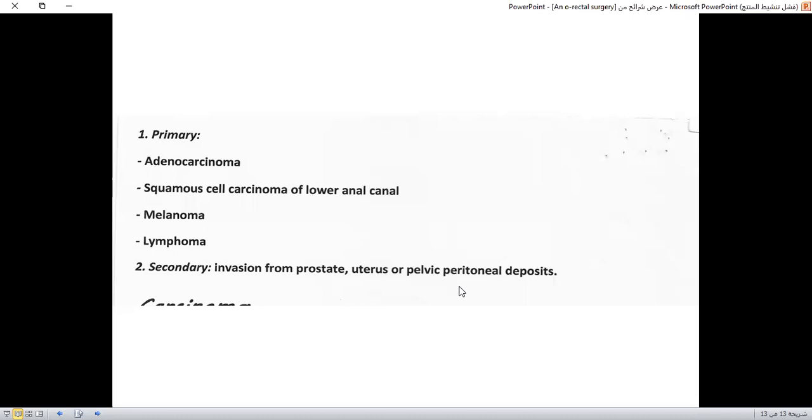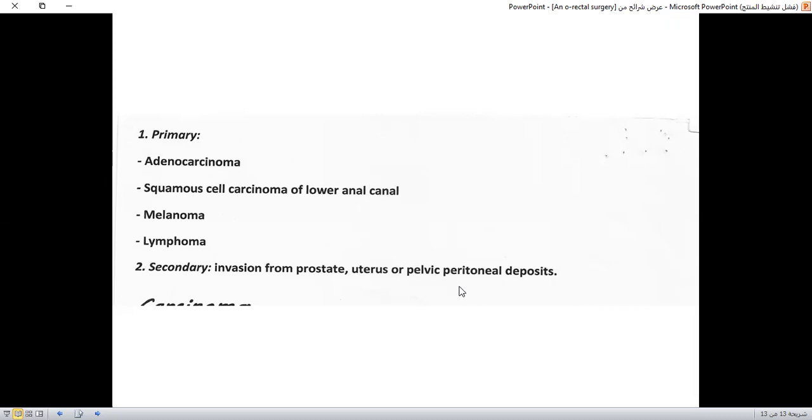And we also discuss classification of rectal tumors, adenocarcinoma of the rectum, important: Dukes' classification and TNM classification, investigation of rectal disease, and lines of management of CA rectum. In the lines of management, there is surgical treatment, conservative procedures, and radical procedures.